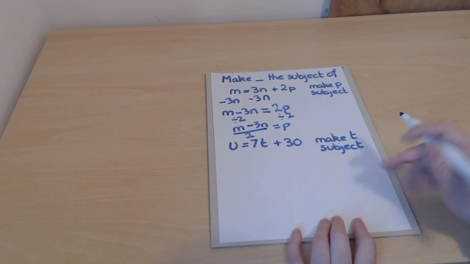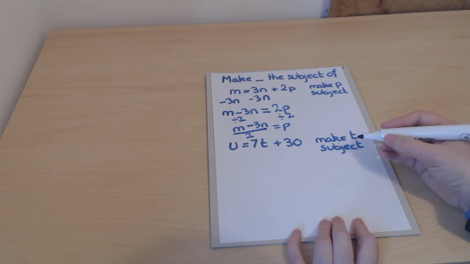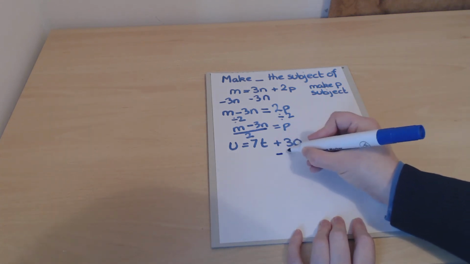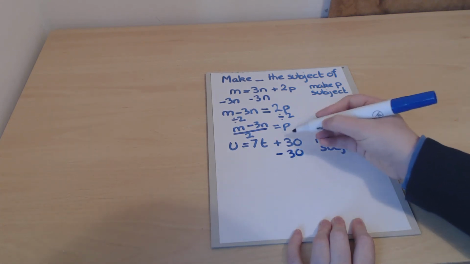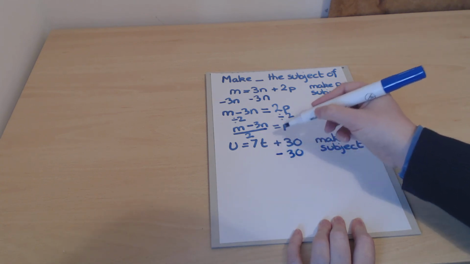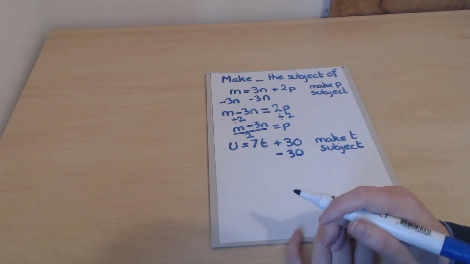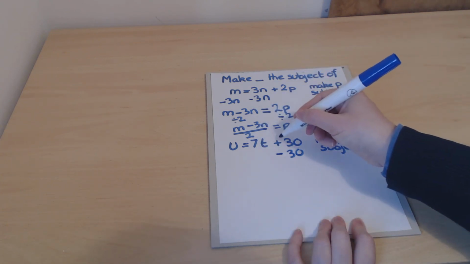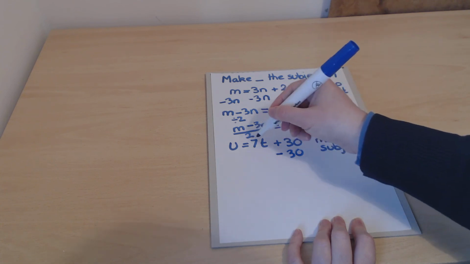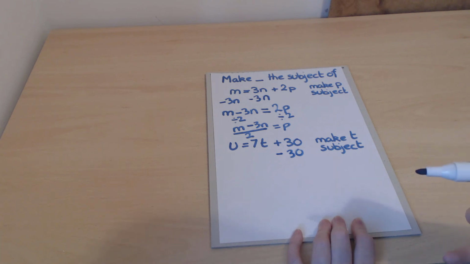So in this example, they've asked us to make T the subject. So we're going to start with removing the 30. It's pretty much always easier to remove the add-ons or the takeaways before tackling this. What I tell my students to think of is this is like holding hands, whereas this is more closely attached, a bit like having a rucksack on your back.